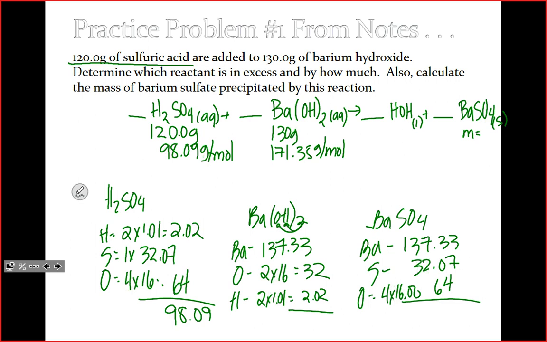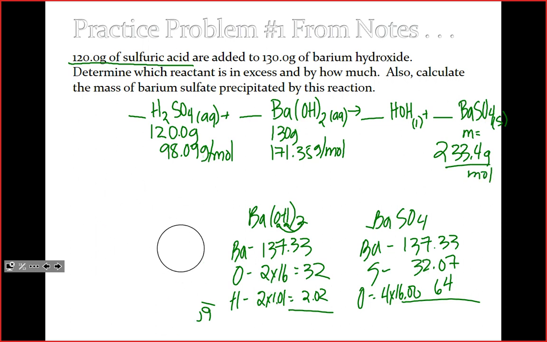So let's add this up: 64 plus 32.07 plus 137.33. If I add this all up, kiddos, I get 233.4 grams per mole. I actually find this fun, but you know, that's just me.